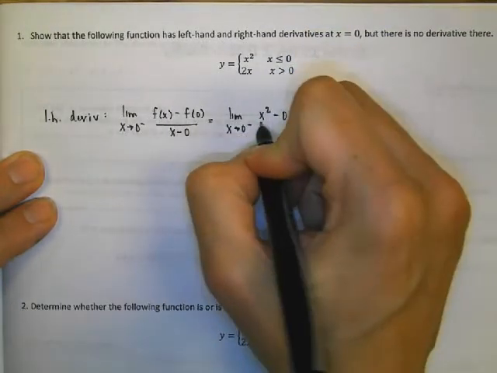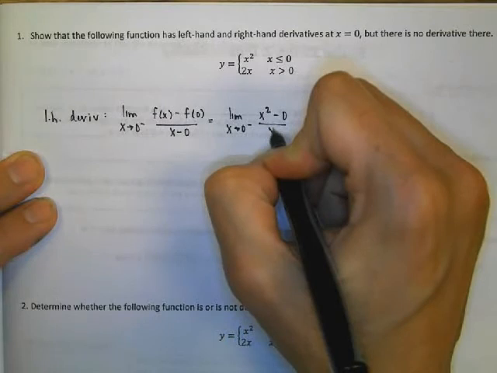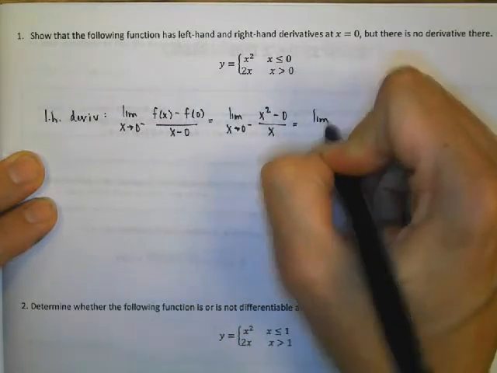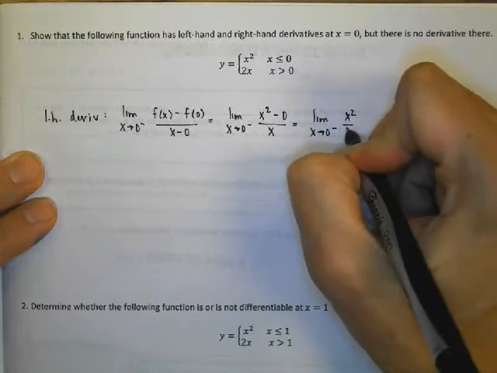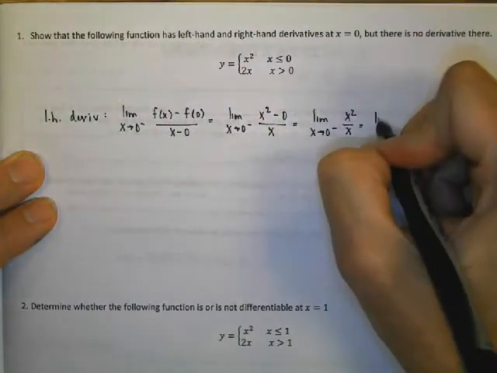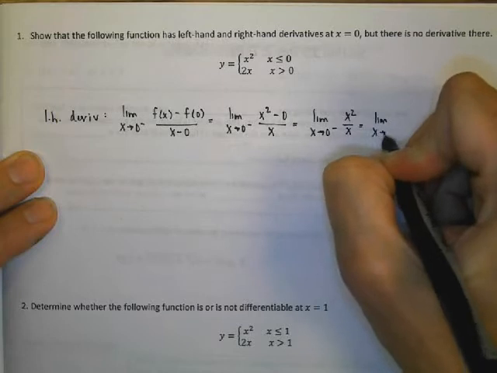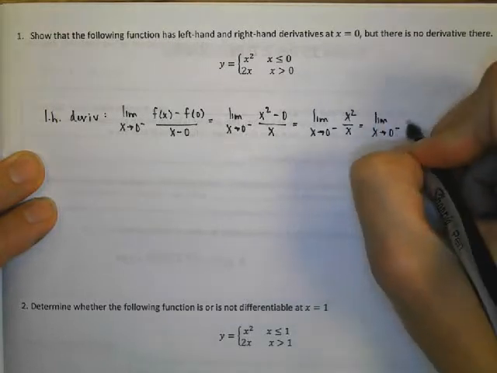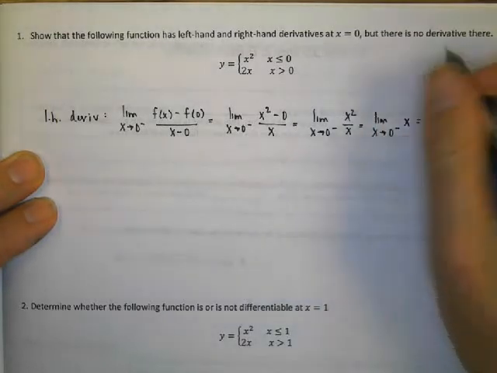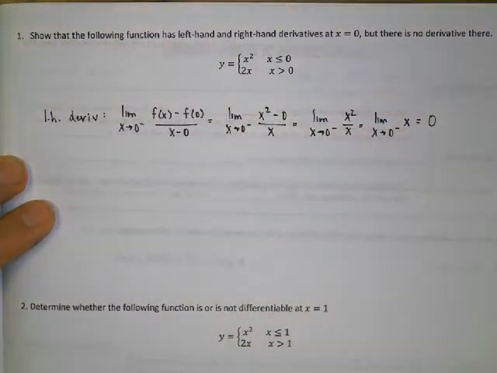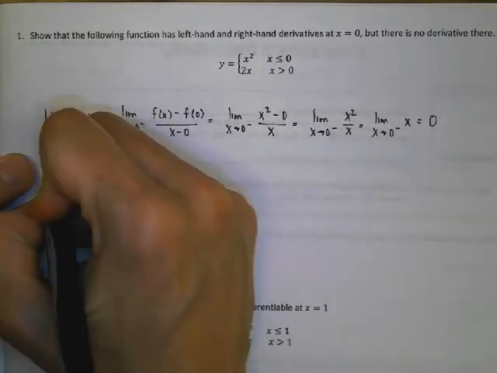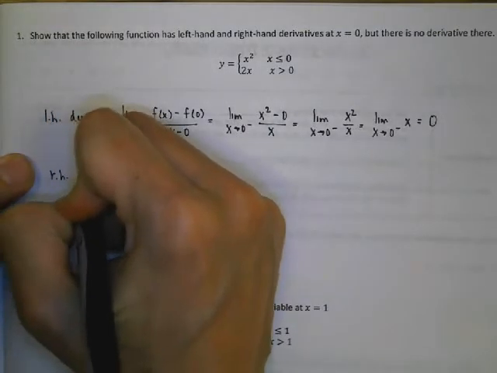F of 0 is 0. And on the bottom I just have x. So this is going to simplify to x squared over x, which is the same as the limit as x approaches 0 from the left of x, which we know is equal to 0. So now my left-hand derivative is 0.